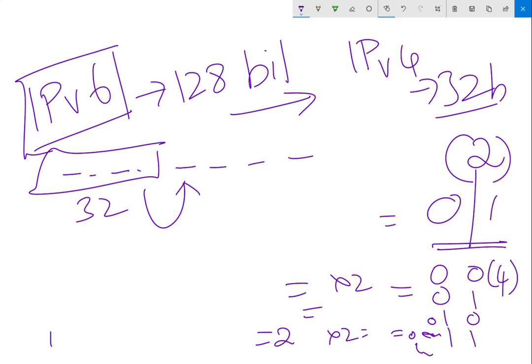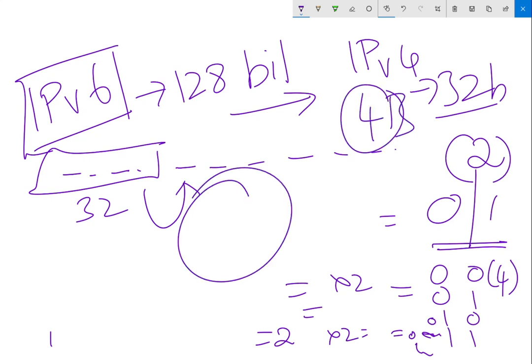So in that way, I'm going to add 128 bits, or additionally almost like 98 bits, which means that it is a very big number. Like when I say you have 4 billion IP addresses for IP version 4, here you don't have a value to say.